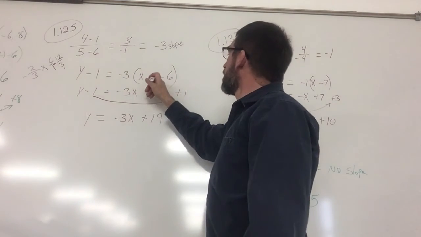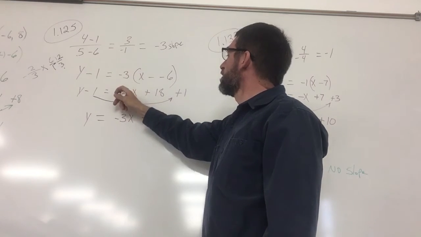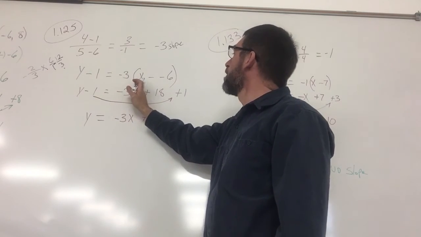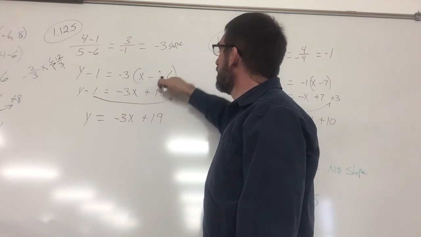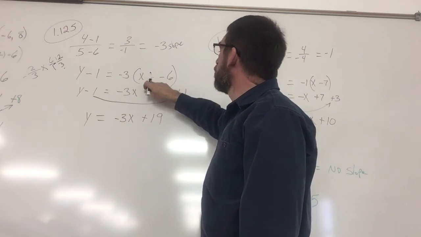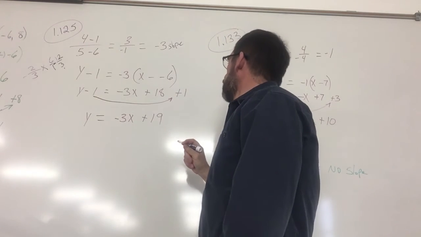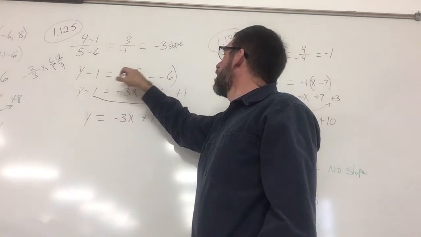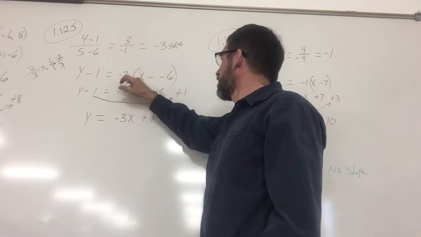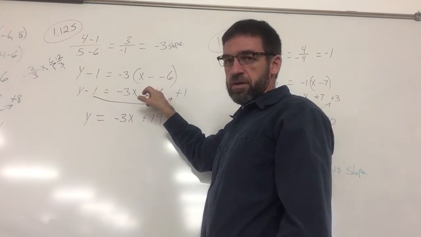Again, if you will take a note here, 3 times x is negative 3x, okay? 3 times 6, now here, I want you to take a little note that negative 3 times negative 6 is 2 negatives, and you come up with a positive 18.